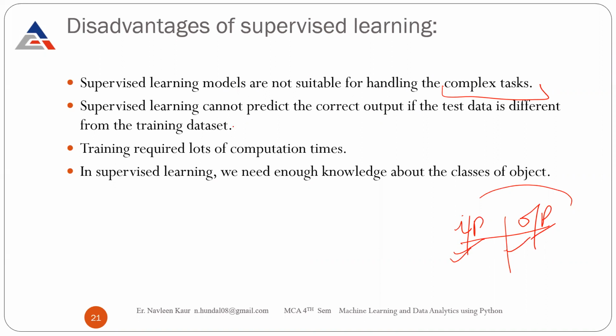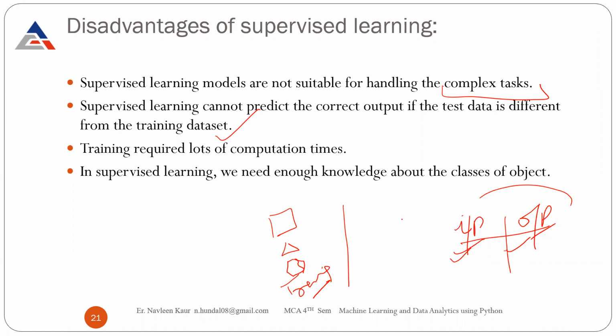Supervised learning cannot predict the correct output if the test data is different from the training data set. This is the second problem. Suppose when I trained my machine, I told it that this is a square, this is a triangle, and this is a hexagon. Sorry about my hexagon. In the training phase, I gave the labeled data.